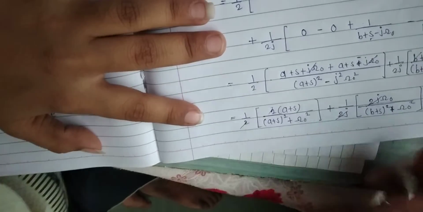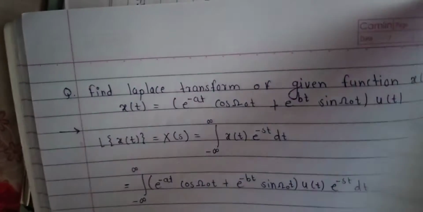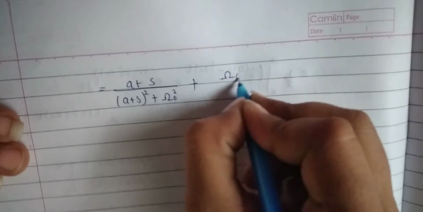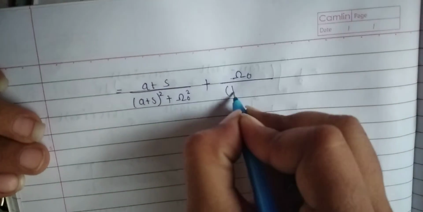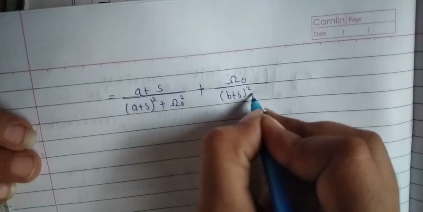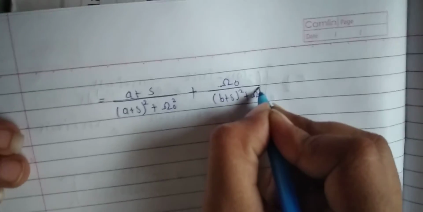Now this 2 gets cancelled and 2j gets cancelled, so it becomes (a plus s) divided by (a plus s) whole square plus omega naught square, plus omega naught divided by (b plus s) whole square plus omega naught square.